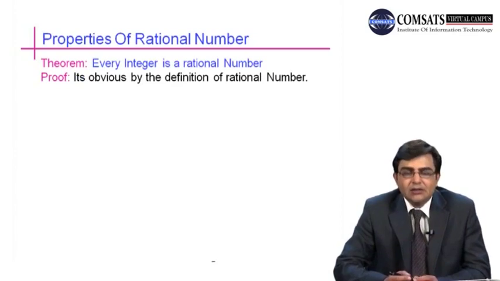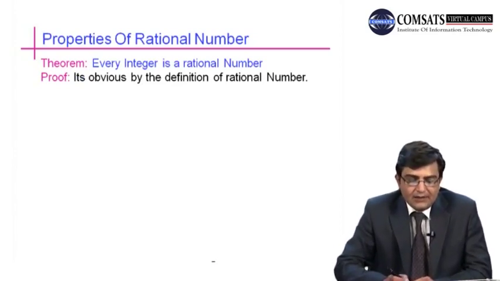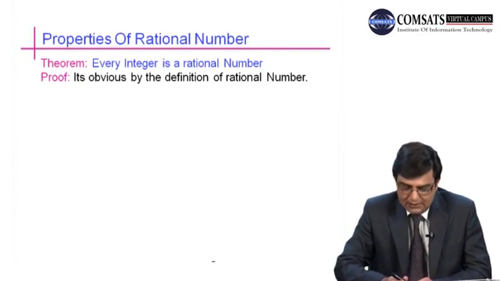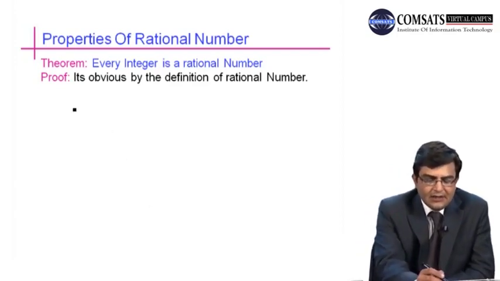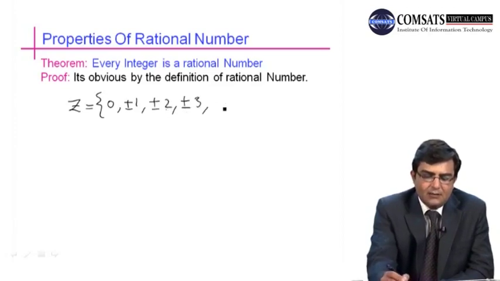The first property, theorem or proposition is that every integer is a rational number. How can we say that? What is an integer? The set of integers is Z, which is the set of 0, plus minus 1, plus minus 2, plus minus 3, plus minus 4 and so on.